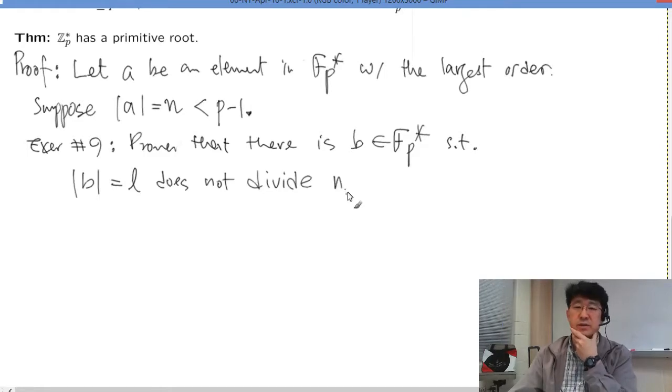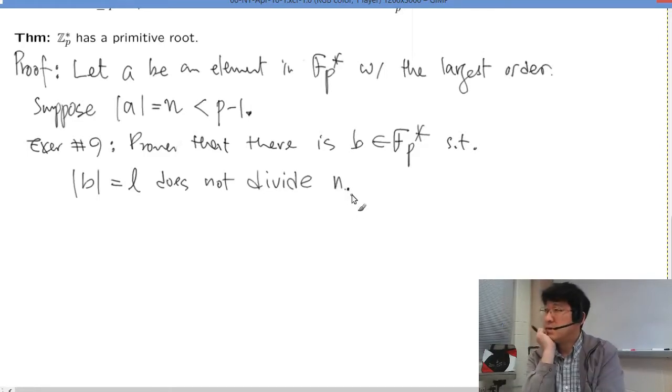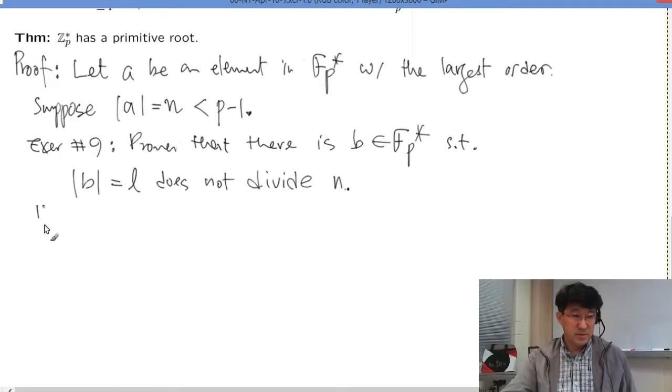It's pretty hard, actually. There is an element B out there, with n less than p minus 1, whose order does not divide n.